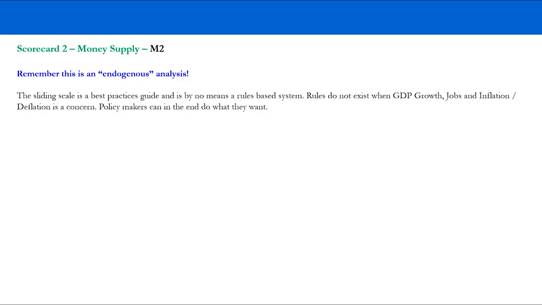What we're doing here is an endogenous analysis, not comparing this country to anything else in the world or this currency to anything else in the world. What we're doing is looking at it in absolution and isolation.